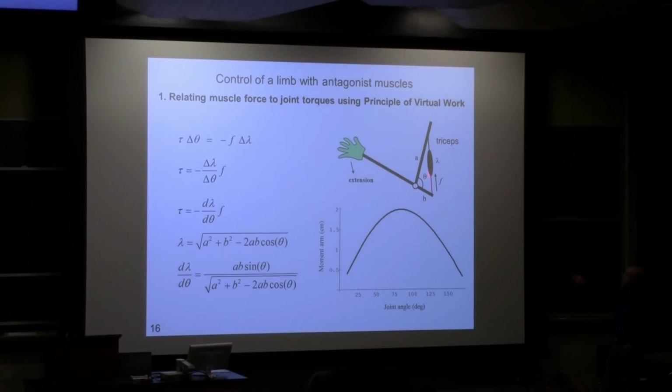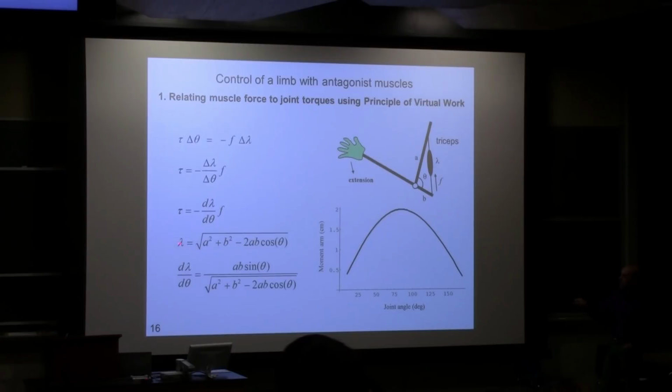So we need to write what is the length of this muscle in terms of the angle theta. And that's shown here. This is the law of cosines. So this tells you, if you know theta, what is lambda. Next, what we need to know is the relationship between the change in lambda with respect to a change in theta. So the derivative of this function with respect to theta.